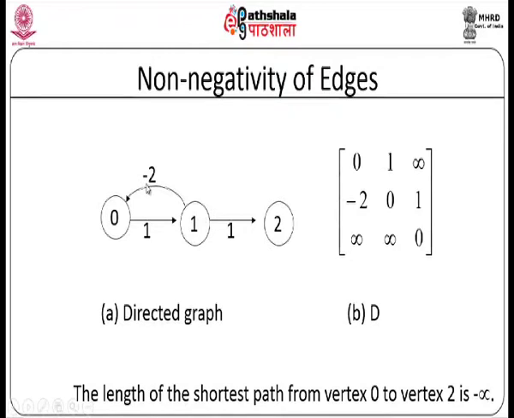Again I will go, and you see this results in a sort of loop. In the next iteration it becomes minus 3, so it keeps on going up to minus infinity. This puts a block on the path deduction between 0 and 2. Therefore, we put a restriction saying that all the edges should be only positive.